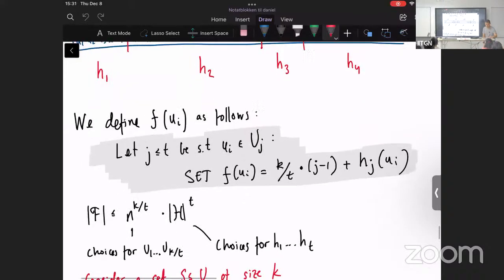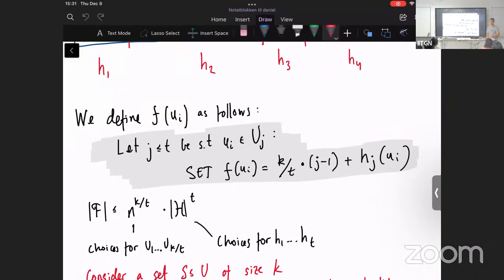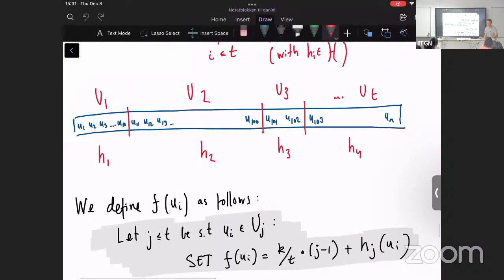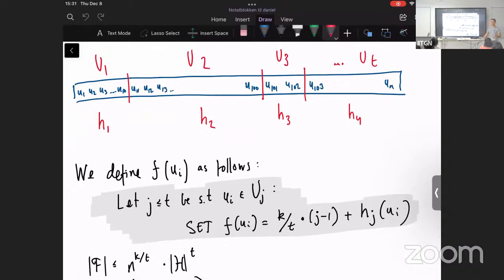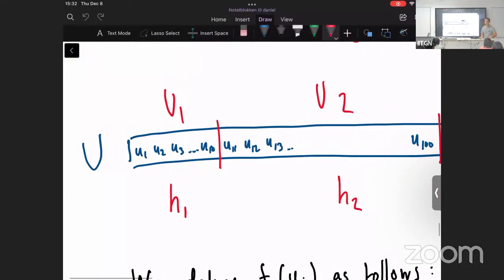So formally, I'm defining f of u_i as follows. So u_i is an element of the universe. I say, let j be the part so that u_i is in the jth part. And I set f of u_i to be the jth H function applied to u_i, plus k over t times j minus 1. Where does this k over t times j minus 1 come from? Well, if h1 uses colors 0 through k over t, h2 uses the colors 0 through k over t.